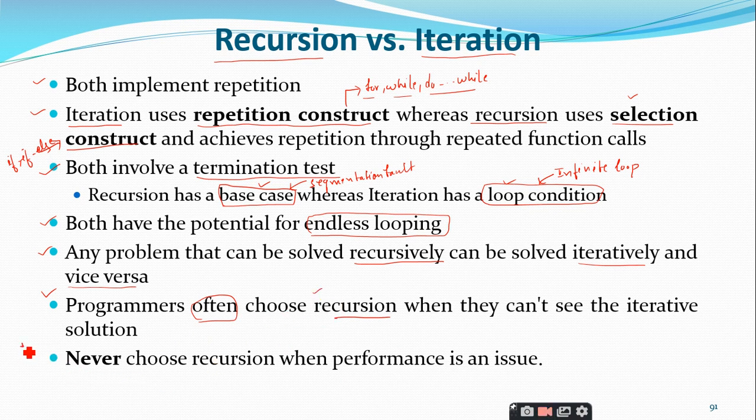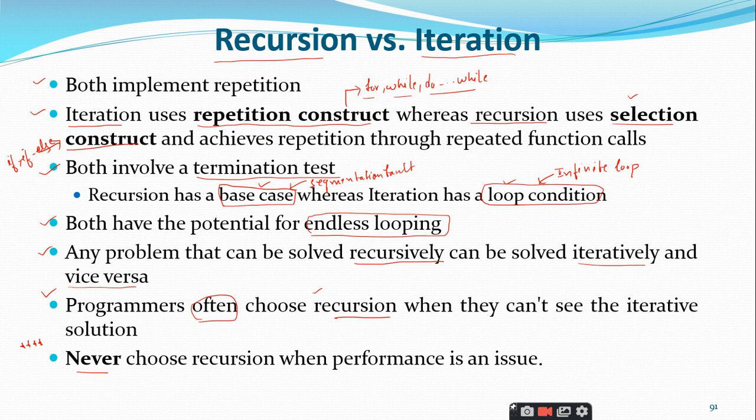And the final important point, as I told, never choose recursion when performance is an issue. This is the reason why we are telling you that when performance is an issue, you should not go for the recursion concept. Recursion is nothing but a function calling itself. It involves the concept of function calls. Whenever you have a function call, it has overhead involved during the function calls.